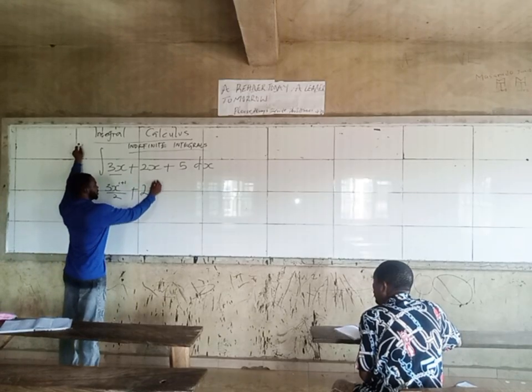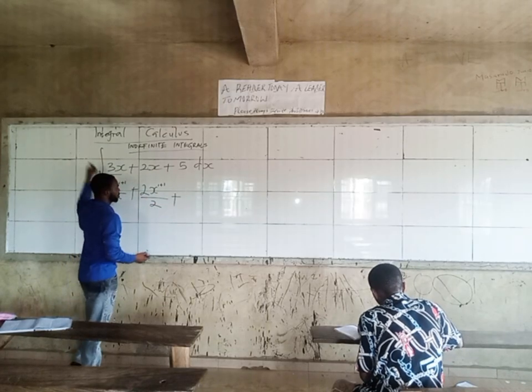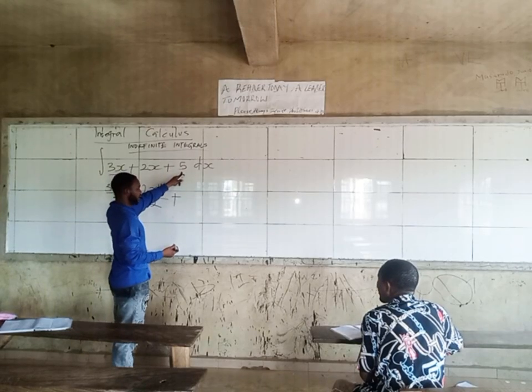The x there has a power of 1, so 1 plus 1 all over the power, which is 2, plus this 5 that is here.